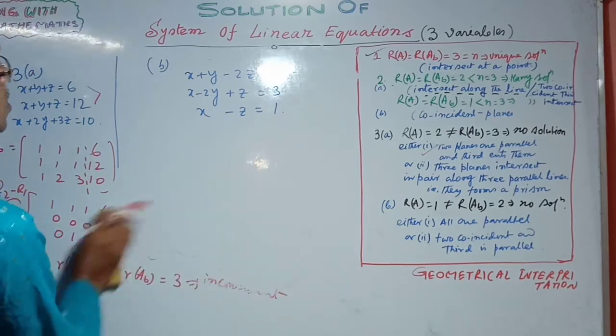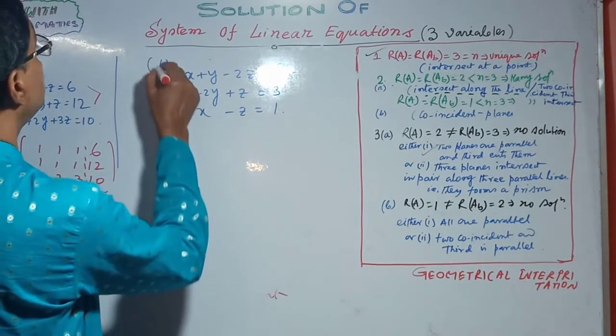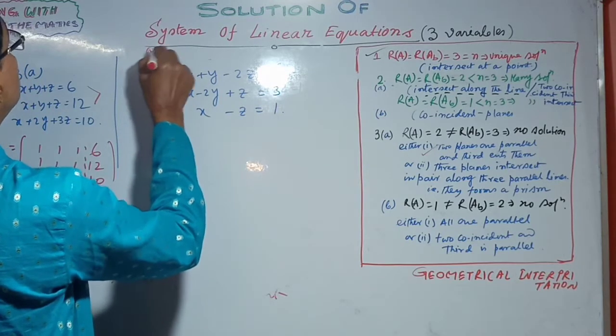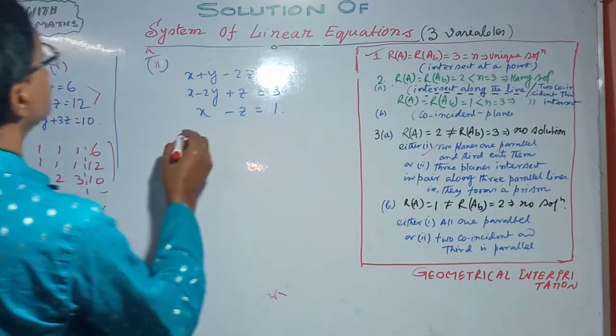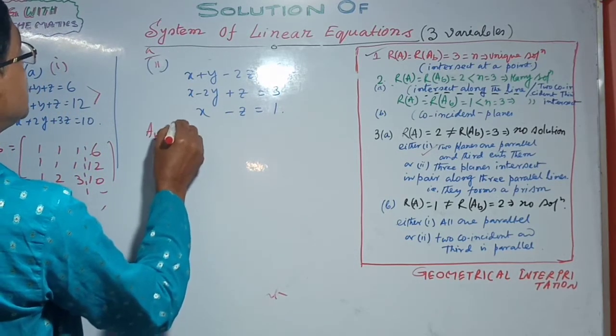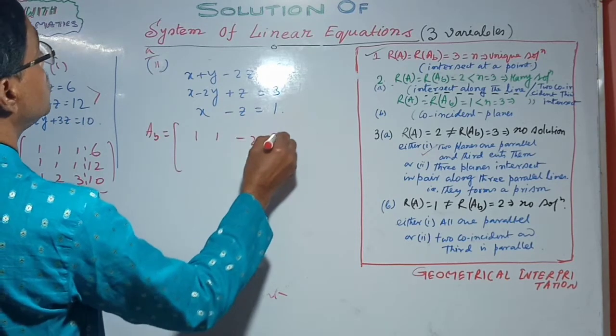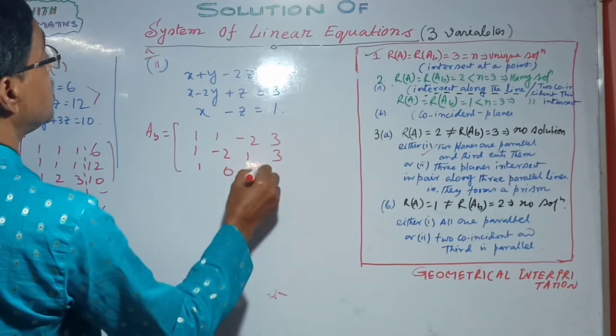Now in case B, if the plane in case 2, A2, here also reduces to the form AB: 1 1 minus 2 3, 1 minus 2 1 3 1, 0 minus 1 1.